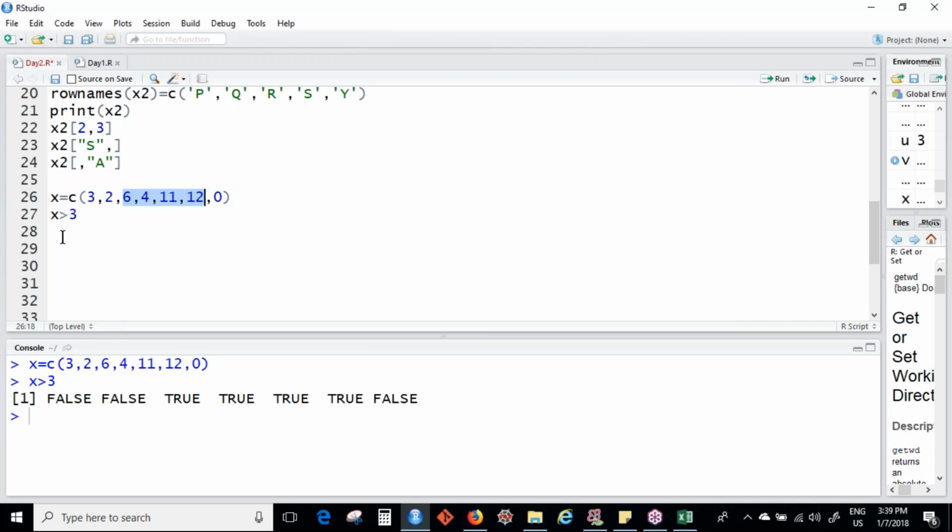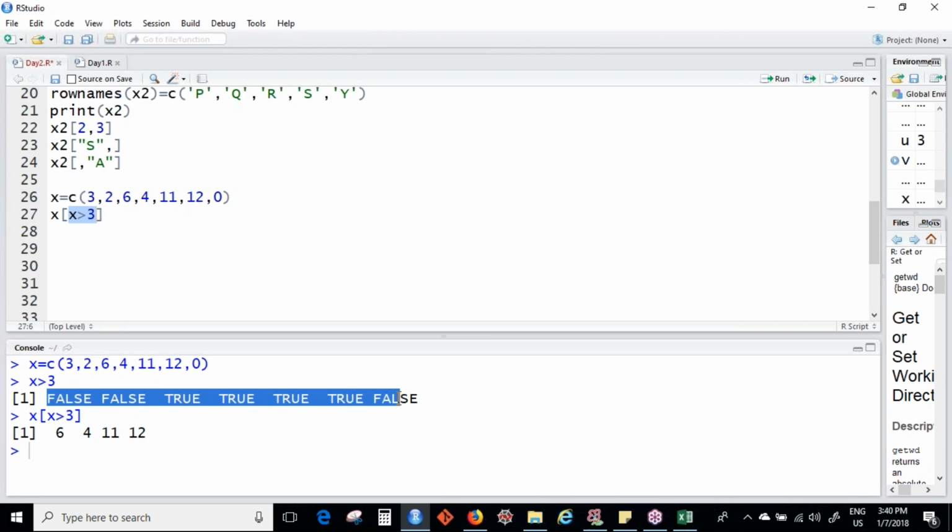Okay, so for that what you can do is you can put this entire thing inside square brackets and give x outside. See, if you run this you get the same. You can put this condition inside square brackets, so the output of this condition will be false, false, true, true, and so on.